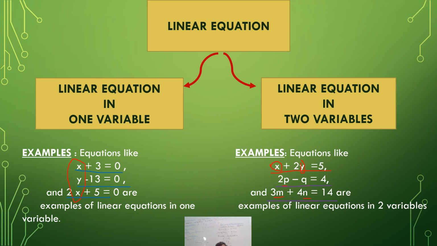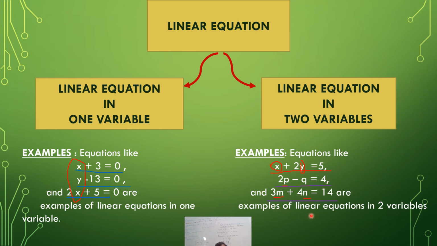The degree of these equations is 1. So these are linear equations, but they have two variables.